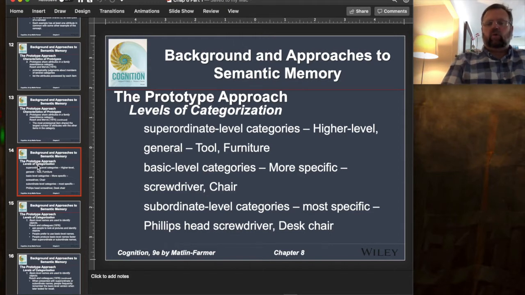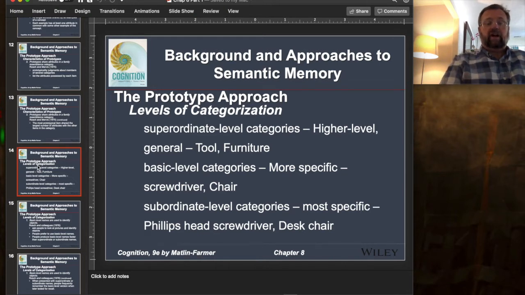Basic level categories are the things that are more specific, and specificity is really in comparison to either superordinate or subordinate. So basic level categories are more specific than superordinates, meaning things like a screwdriver or a chair.